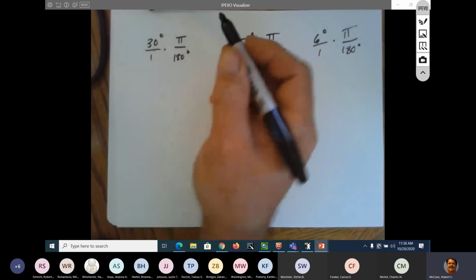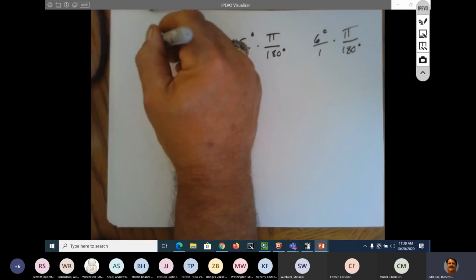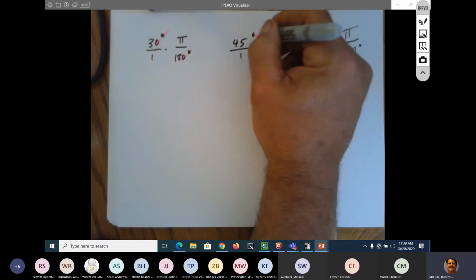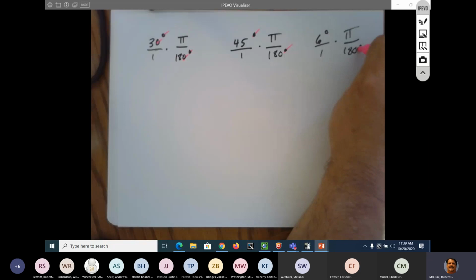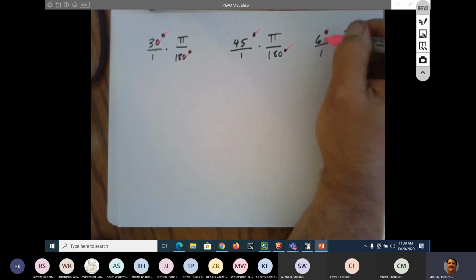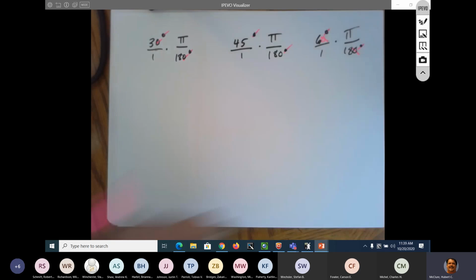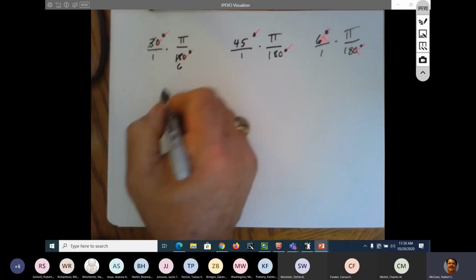And of course you see that the degrees cancel, the zeros cancel. That's supposed to be 60. And then you're left with, let's see, 3 will go in there, 3 will go in there, 6. That's pi over 6.